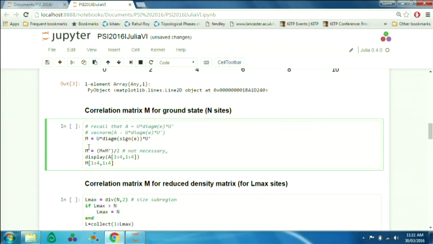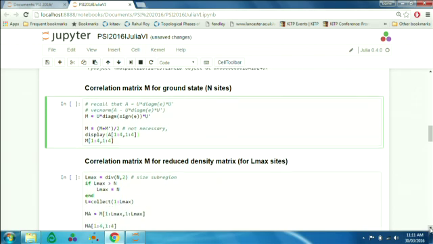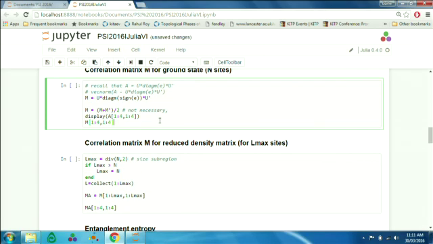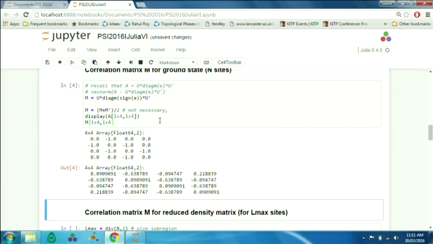Very good. And now I just make sure that it's Hermitian. That's not necessary, but sometimes numerical errors, truncation errors, machine precision, spoil such properties. And just for fun, I look at the first piece of both.